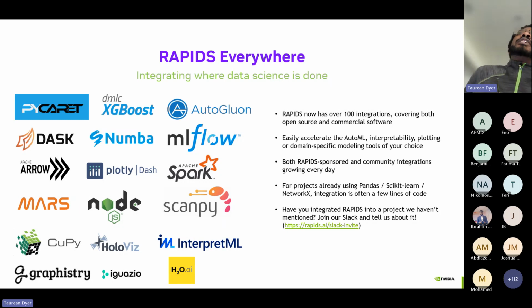So Rapids is on a different side of the AI ML spectrum. We've got tabular data, and some image data where we can do manipulation with cuCIM, which might help you.